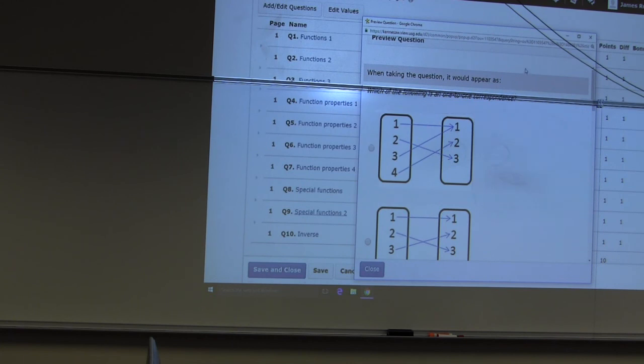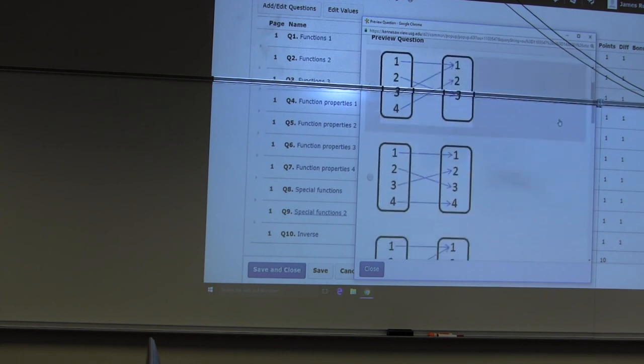Which of the following is a one-to-one correspondence? Is this first one a one-to-one correspondence? First of all, is it a function? Yes. It is a function, right? But it's not a one-to-one correspondence. Let's look at that second. Is the second one a one-to-one correspondence?